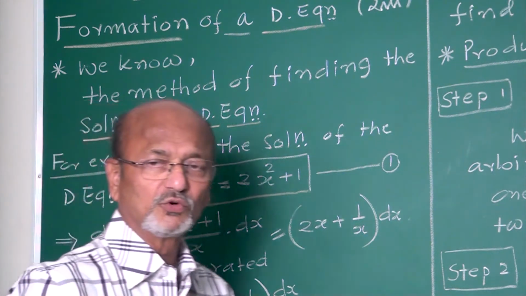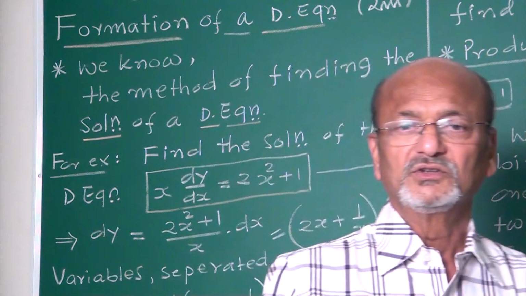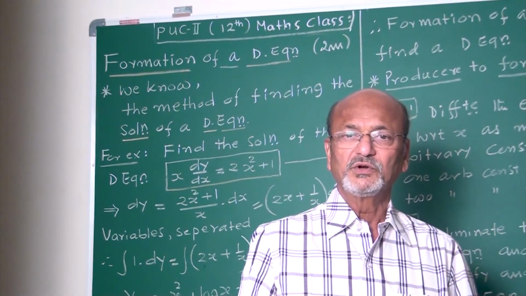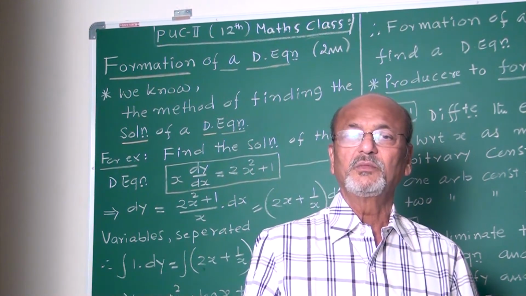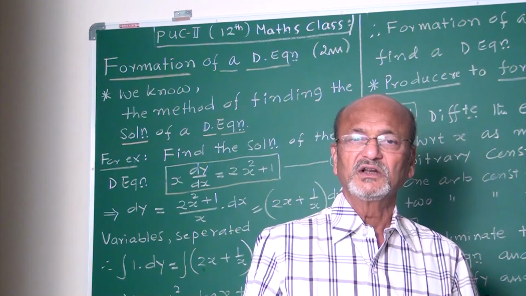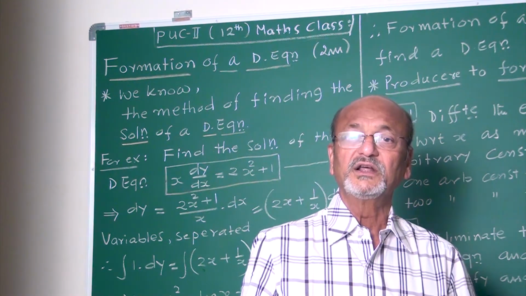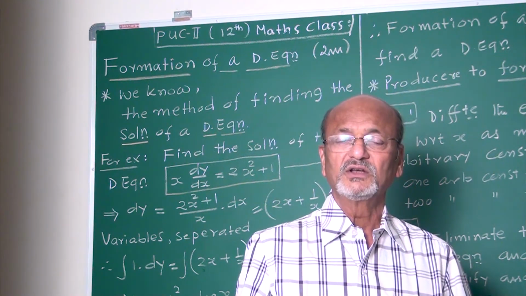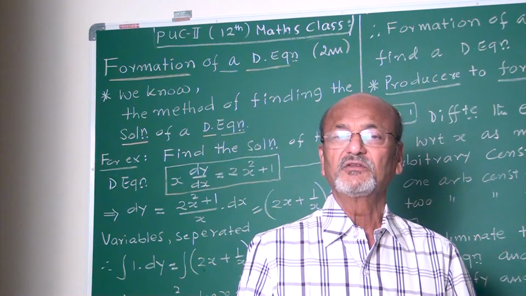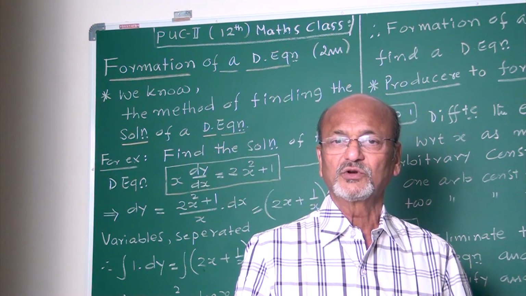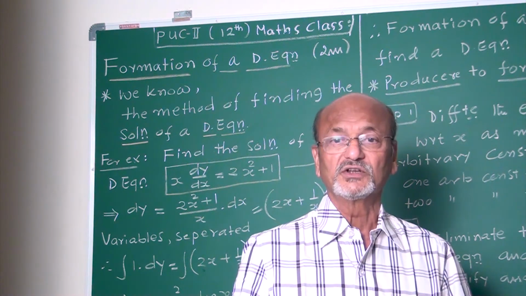I told what is the solution of a differential equation. Solution of a differential equation is a relation between the dependent and independent variables, that is, a relation between x and y, which is free from derivatives and will satisfy the given differential equation. Such a relation between x and y is known as the solution of the differential equation.